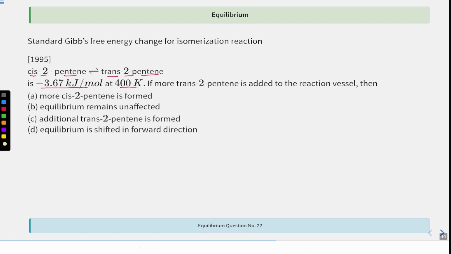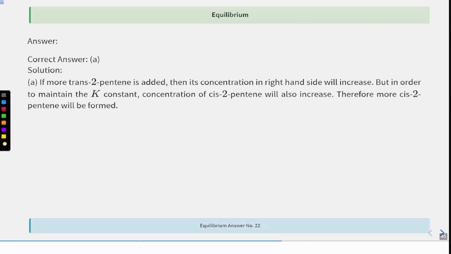So now delta G is equal to delta G naught plus RT ln Q, because we know that this is related to Gibbs energy. You have a temperature T, they have given you the value of R, and you just have to see what happens at equilibrium. So it is a very logical thing, right?